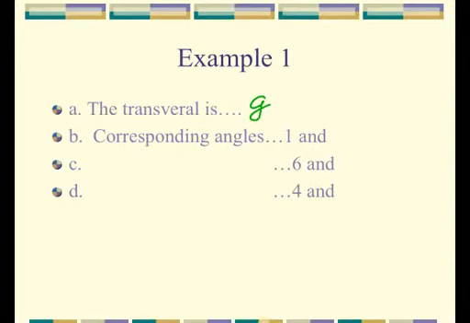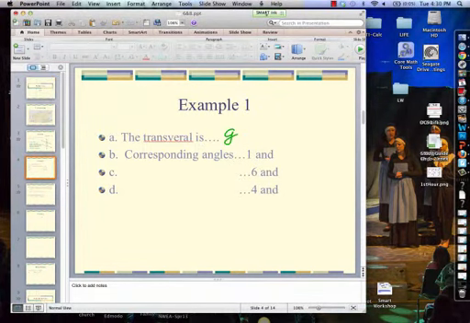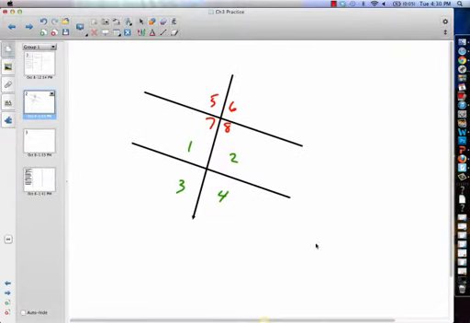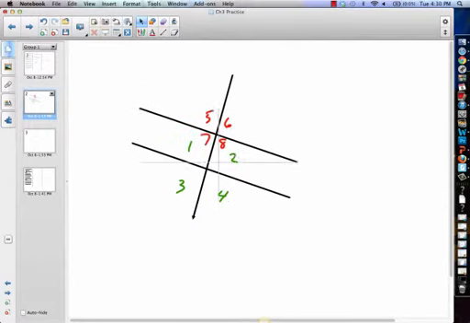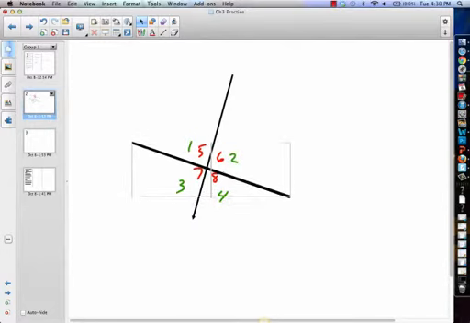So G in our case is the transversal. And then the corresponding angles, let me just exit out of this for a minute and do one other thing for you to demonstrate what we mean by corresponding. So here's our two intersections, and so if I were to just grab this line here and start sliding it, if I slid it down here so that it matched up with the other line, then the angles that ended up on top of each other, so in this case 1 would correspond with angle 5.